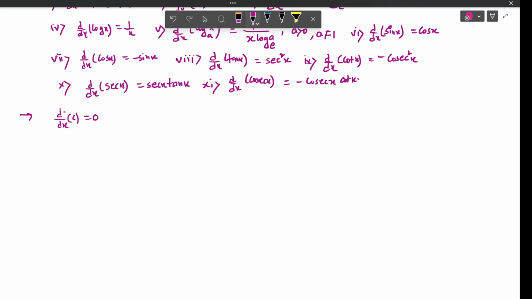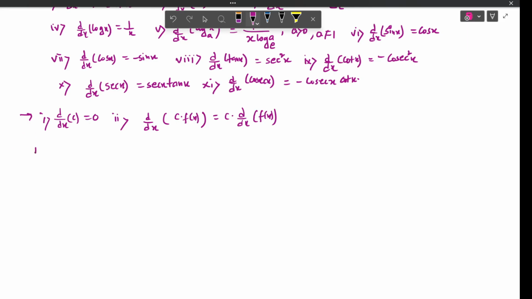We know this. And number 2 is d dx of c into f of x is c times d dx of f of x. Okay, c will be outside the derivative because it's constant.